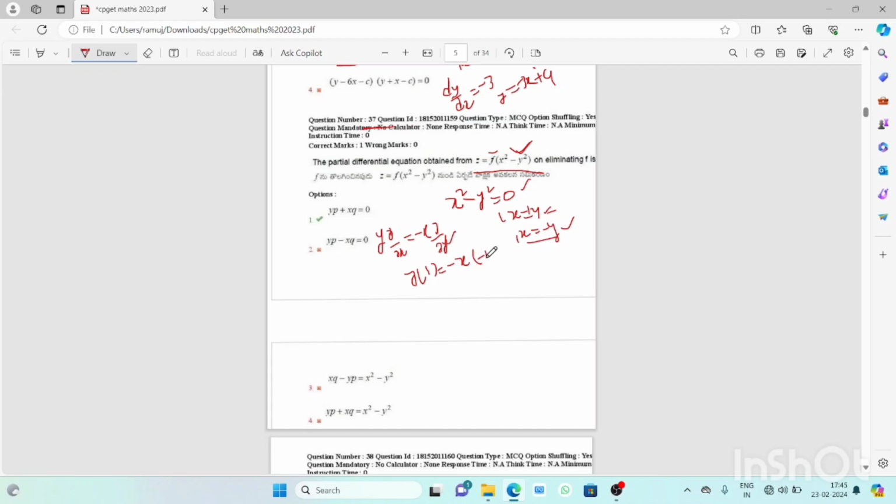So we get y is equal to x. So we already have two conditions. By using one condition we get another condition, so only this equation can satisfy the two conditions. So this is the correct option for this question.